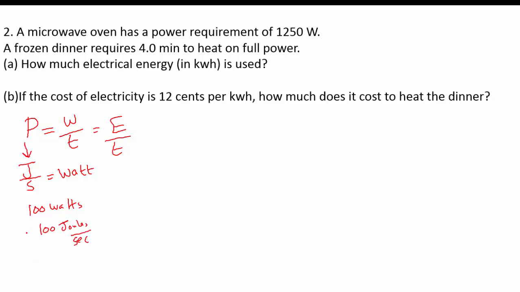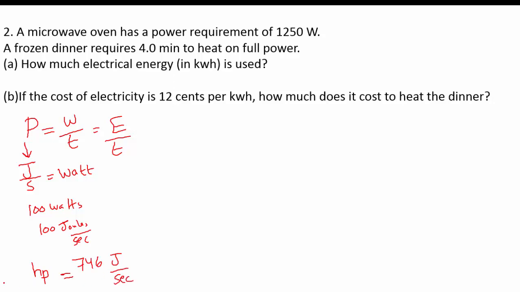Now we have other units other than watt. We have horsepower, which was measured by James Watt in the coal mines. He attempted to measure the power done by a horse, and he found that the horse will perform 746 joules of work per second.